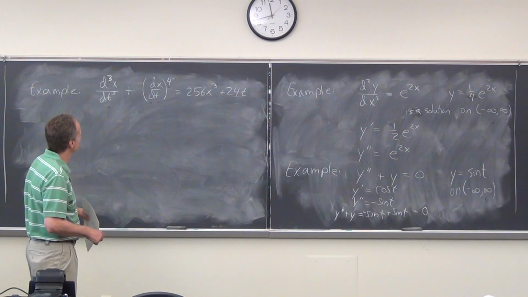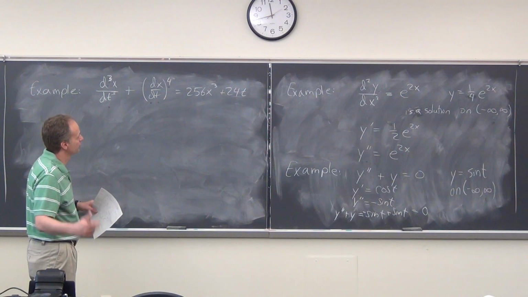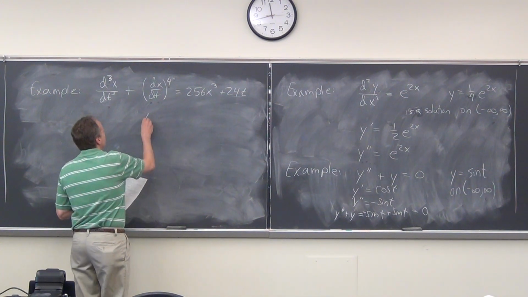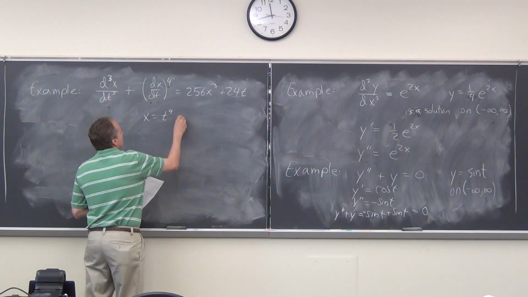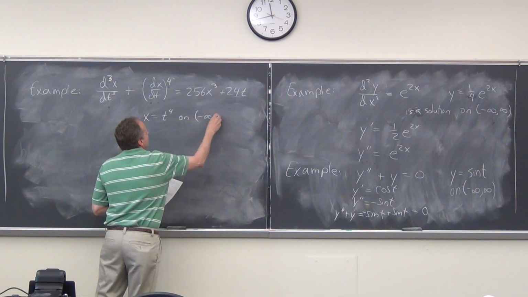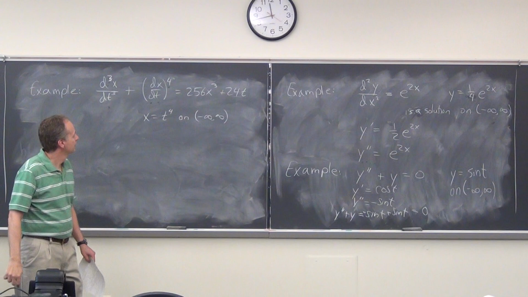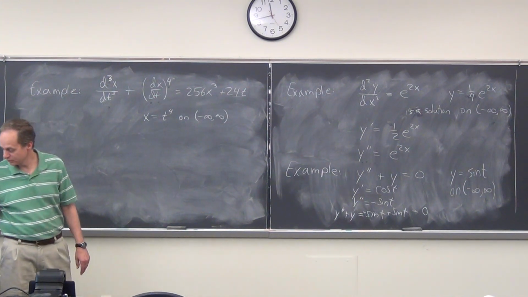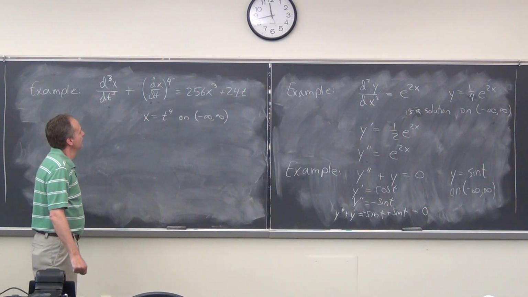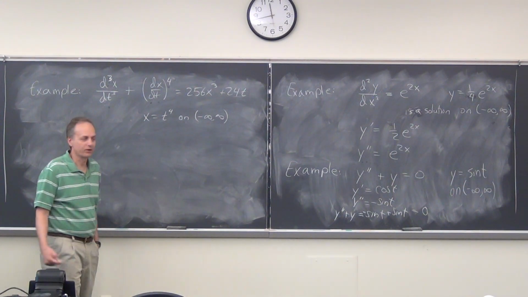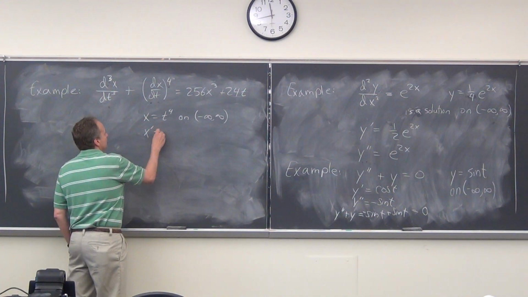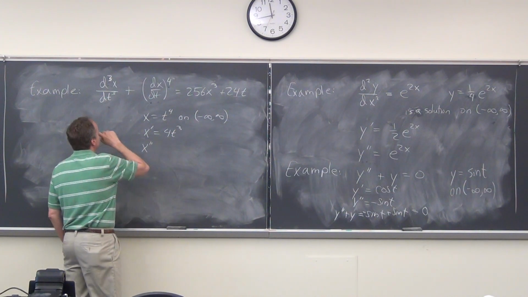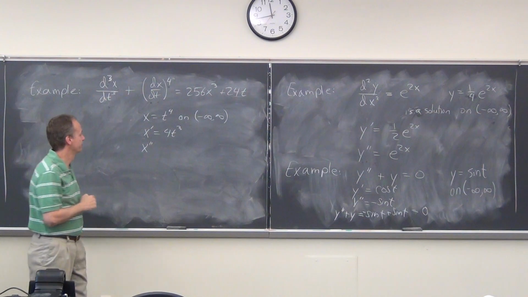So it's third order, nonlinear, but it is an ODE, of course. And I claim that a solution is that. And again, on all the real numbers. Let's just check that real quick. We need to have information about the third derivative.